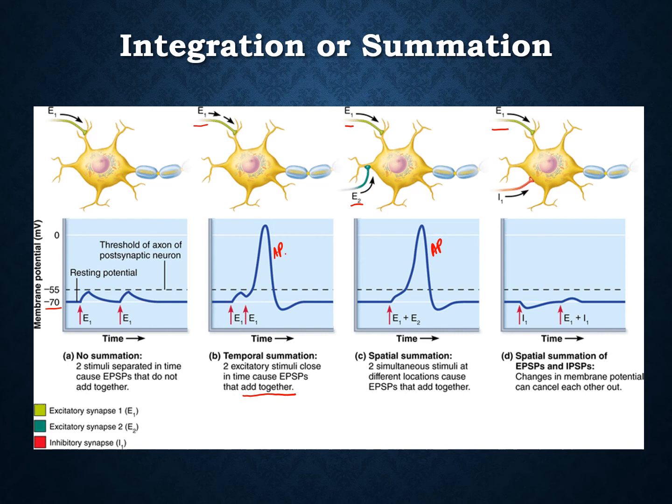So E1 and I1 are from two presynaptic neurons, from where the first one the excitatory signal is coming down, and from the inhibitory presynaptic neuron the inhibitory synaptic signal is coming up. They combine together, and ultimately what happens is that it is not able to reach minus 55 millivolt. So there is no action potential going to be generated.